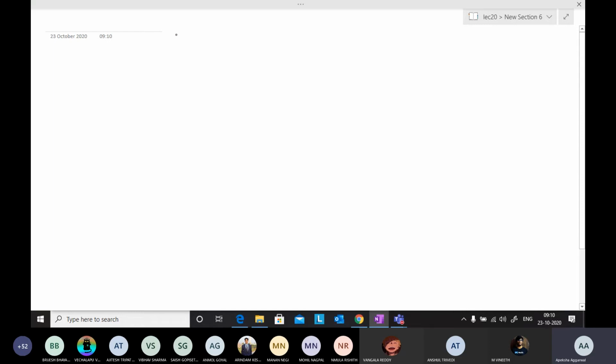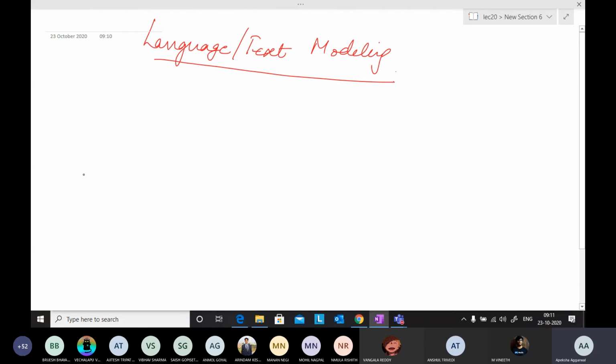Okay, so let's see. Let us have an example of language or text modeling. Modeling is basically the probability of occurrence of a text in a sentence.